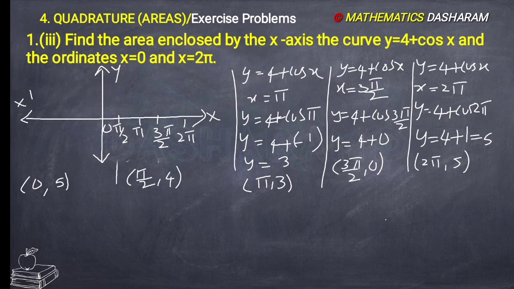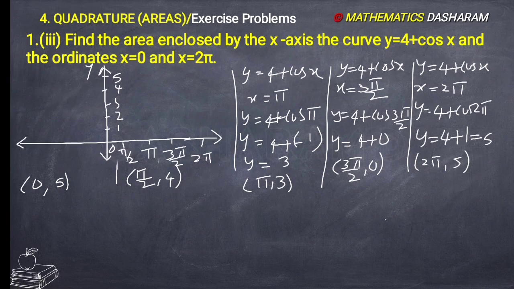So on the x-axis, take the points pi by 2, pi, 3 pi by 2, 2 pi, and on the y-axis 1, 2, 3. The first point is 0 comma 5. Next, pi by 2 comma 4.